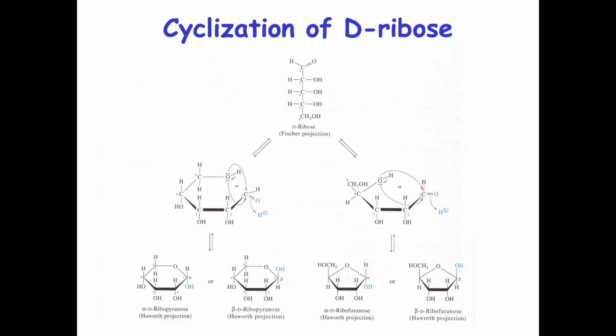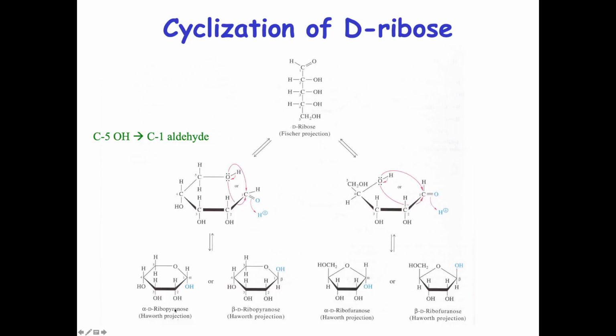So now let's look at the cyclization of D-ribose. Here we see the linear structure. We see here that it can form a 6-membered ring or a 5-membered ring. If the C5 hydroxyl is the one that attacks the C1 of the aldehyde group, we get the formation of a 6-membered ring, and we have alpha D-ribopyranose.